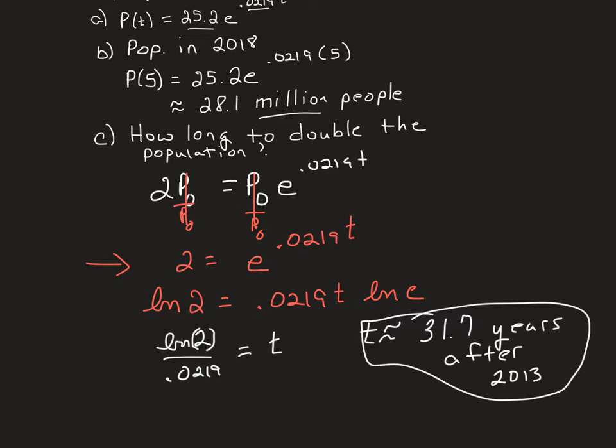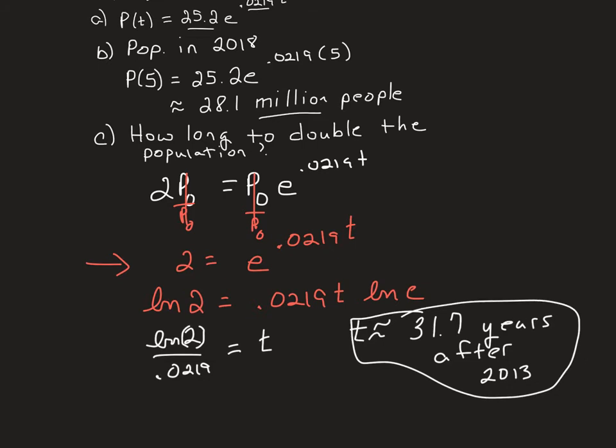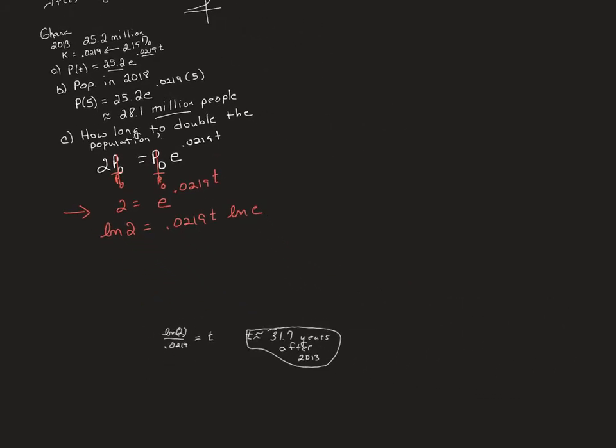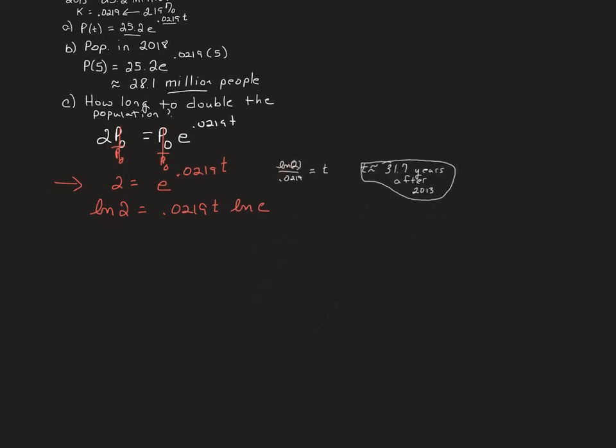Okay, and then finally, I want us to see when will the population be 40 million. I'm trying to keep some of this so I can keep what K is. I want to know, for part D, when will the population be 40 million people?